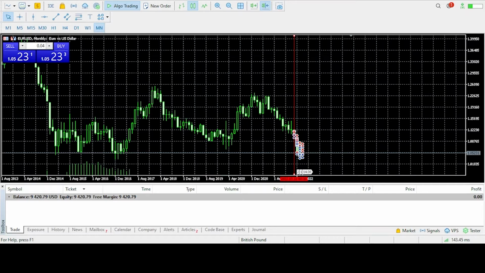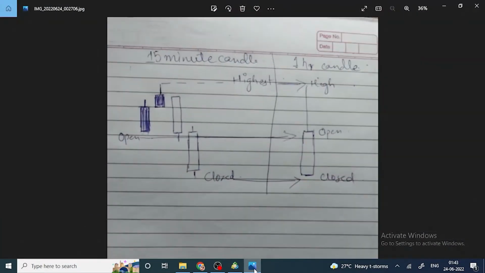Now, I'm going to show you something that's basically a comparison between two different time frames and how to read those candles. It's a simple thing that I will be showing you right away. As you can see, I've made a small handmade diagram of two different candlestick patterns.